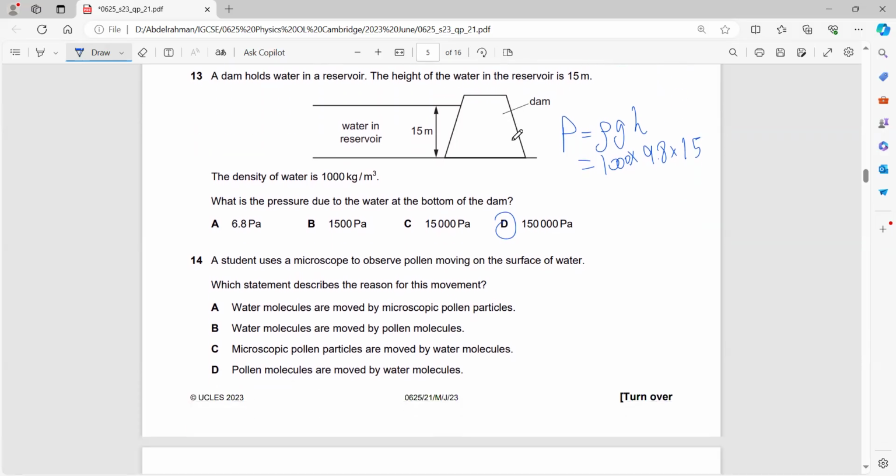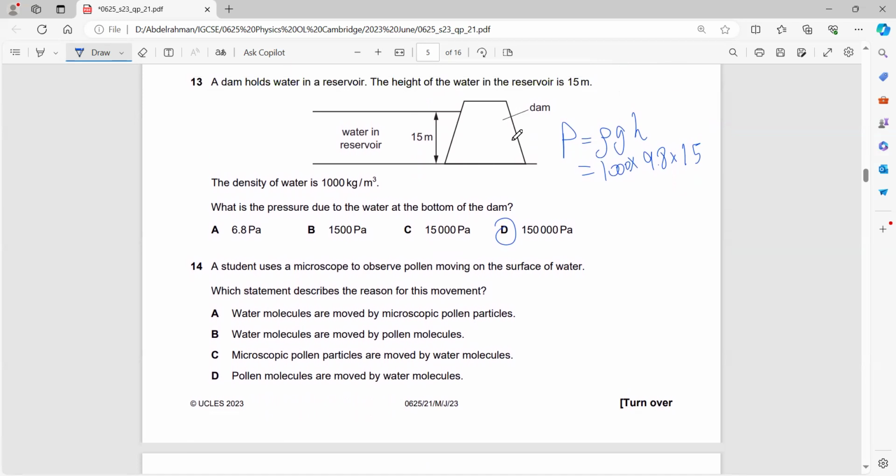A student uses a microscope to observe pollen moving on the surface of water, which is the Brownian motion. Which statement describes the reason for this movement? Water molecules are moved by microscopic pollen grains, or microscopic pollen particles are moved by water molecules. Yes, this is actually the correct one.